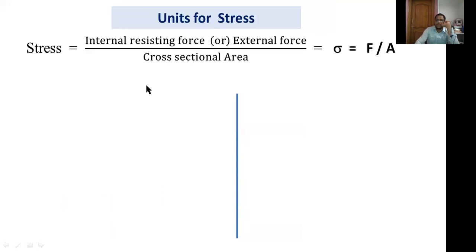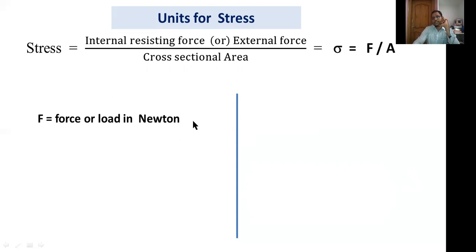Now I am going to explain the units for stress. Already we discussed the stress definition, that is, stress equals internal resistance force or external force divided by cross-sectional area. The formula is sigma equal to F by A. Here F is the force or load. The unit for force or load is Newton.